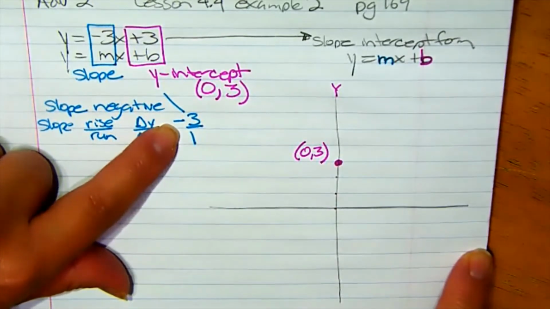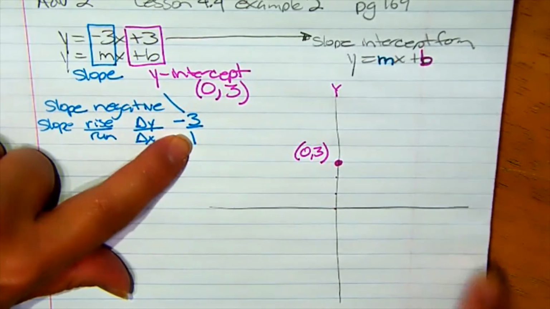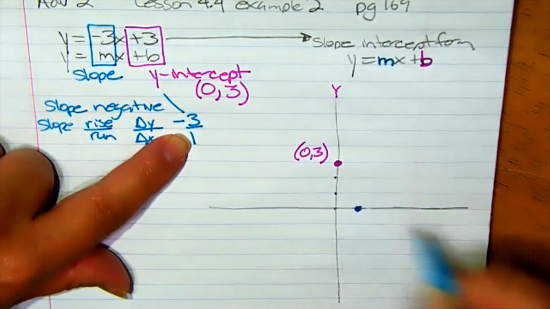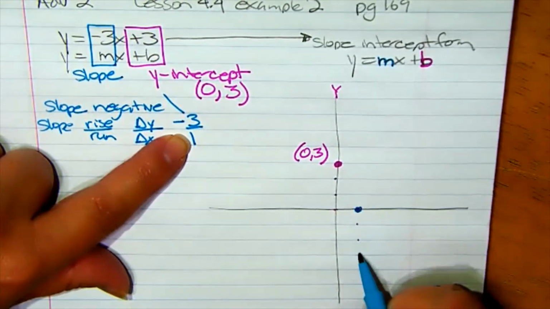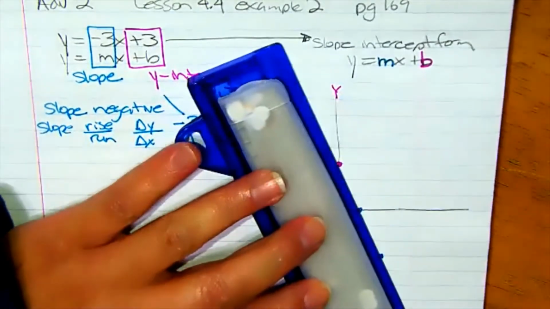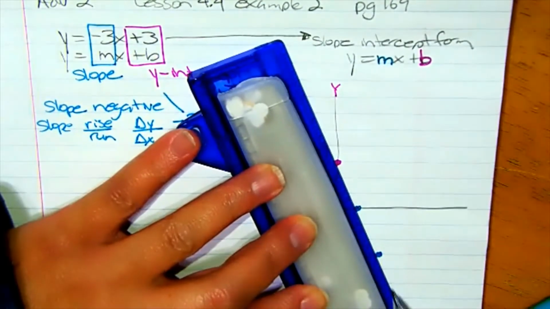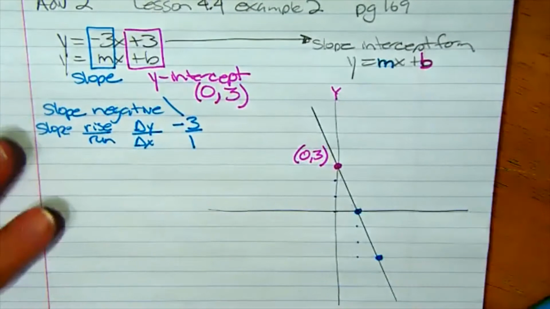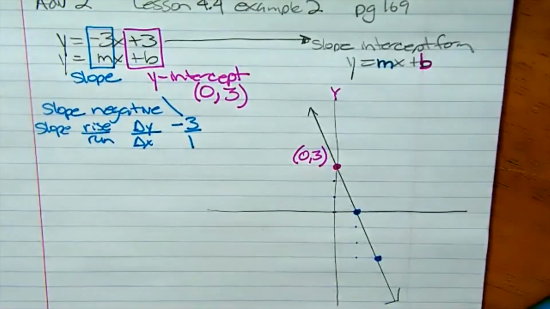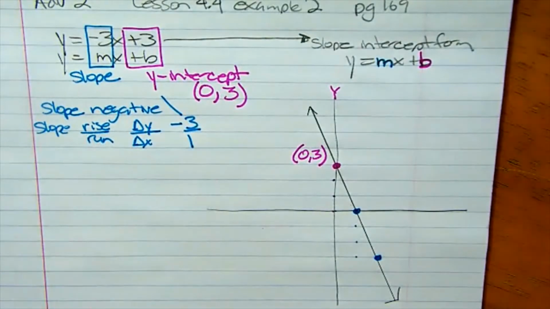And it's telling me we're going to go down 3 over 1. 1, 2, 3 over 1. 1, 2, 3 over 1. There we go. Boom! We just graphed this linear equation. And we didn't have to create a table to do it.